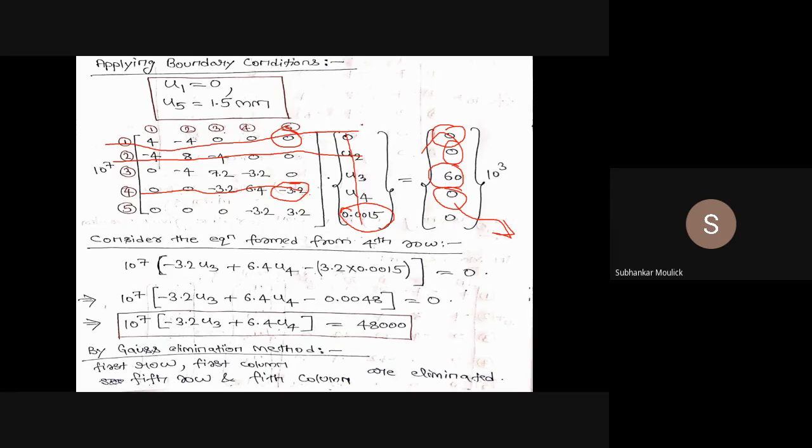So for that, I will write the matrix equation for the fourth row. If I write it, 0 into 0 is 0, 0 into u2 is 0, that means this fourth row into this column.